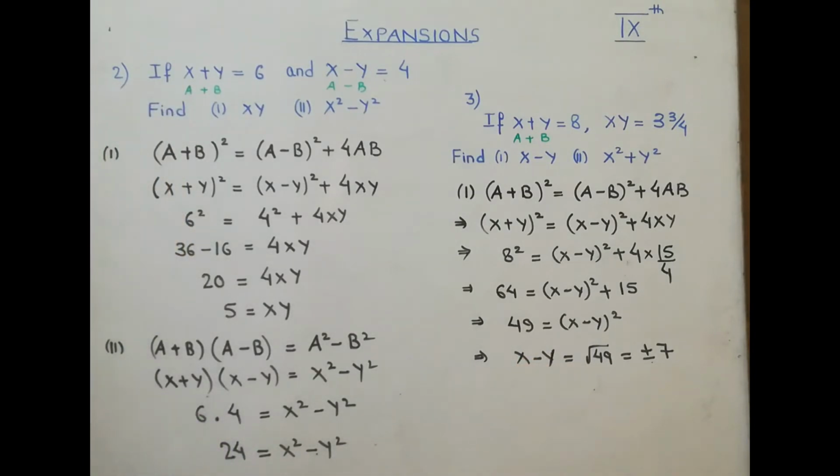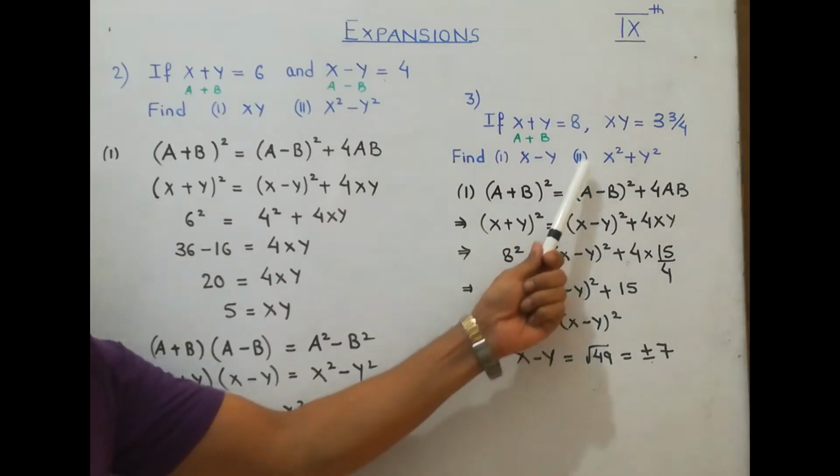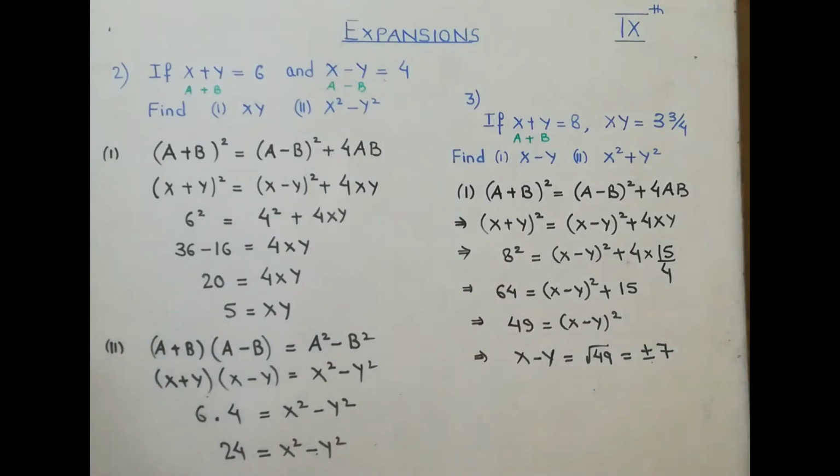Now in the second part they have asked us to calculate x square plus y square. Now remember, this can be read as a square plus b square. Whenever we are asked to calculate a square plus b square, remember it can be calculated by a plus b whole square or even by a minus b whole square. So any of the formula you can apply.